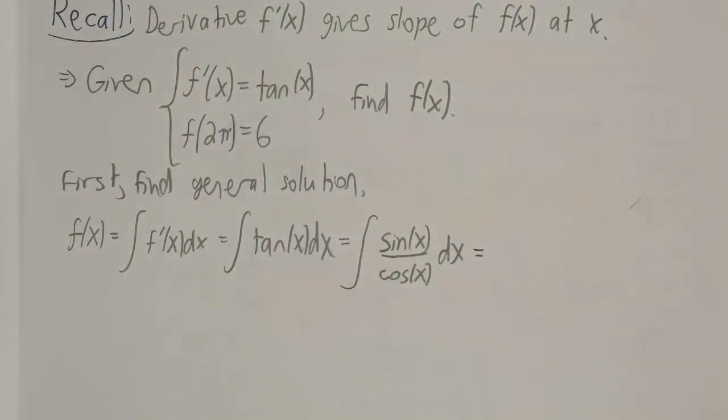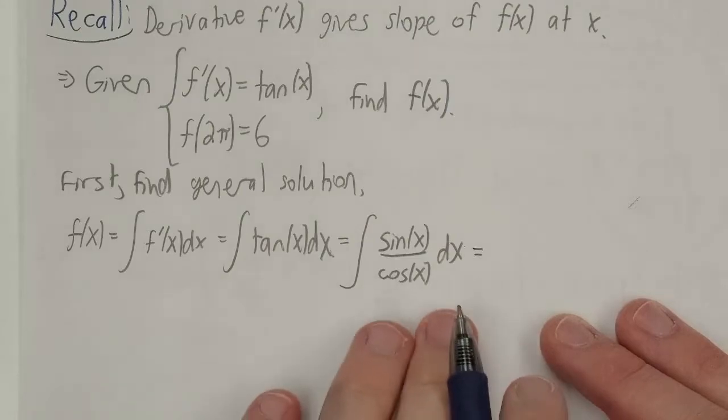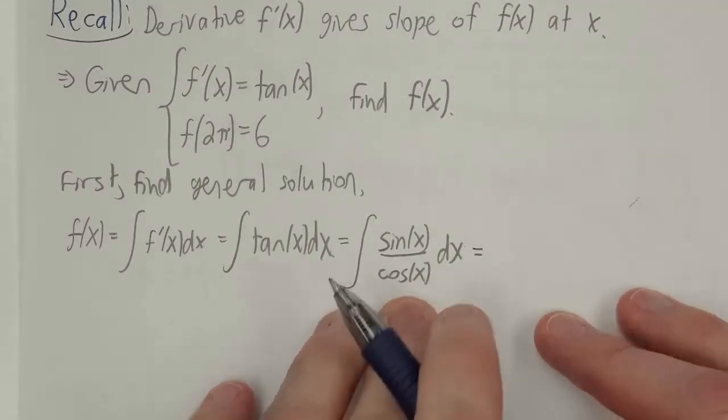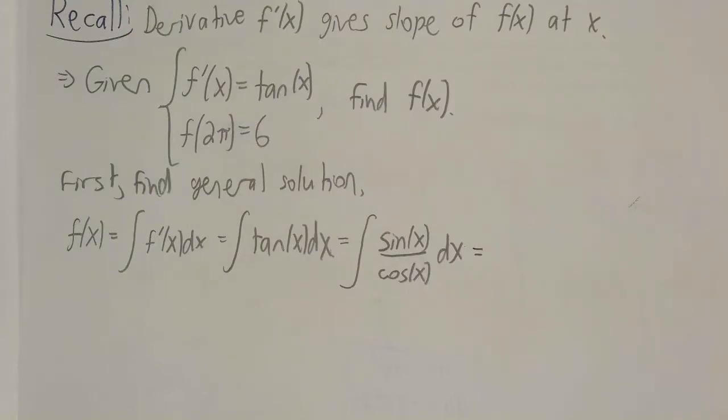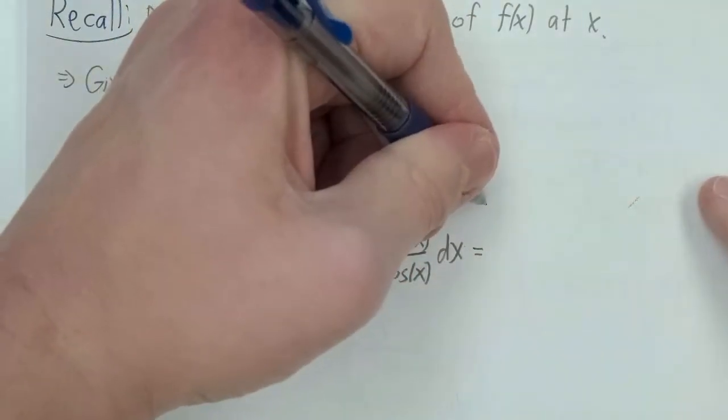So any thoughts or suggestions on what you want to let equal u here? Probably cosine will equal u, since it would technically be to the negative first power. Yeah, and cosine ends up being the correct one, but just to make sure we know why cosine is the one we should be working with, let's suppose we pick sine, just to see what happens.